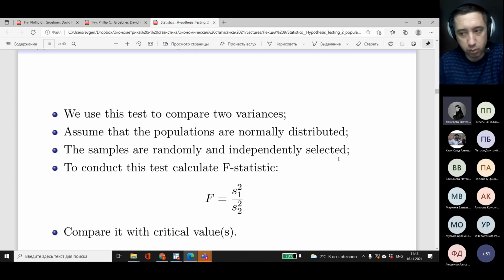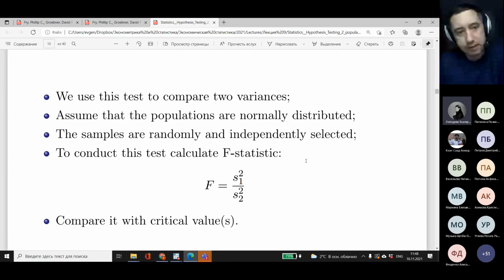We cannot do this for binary variables. And whether your samples are independent. Independence here is an important assumption. And for sure, your variables must follow a normal distribution, or otherwise your sample must be sufficiently large.